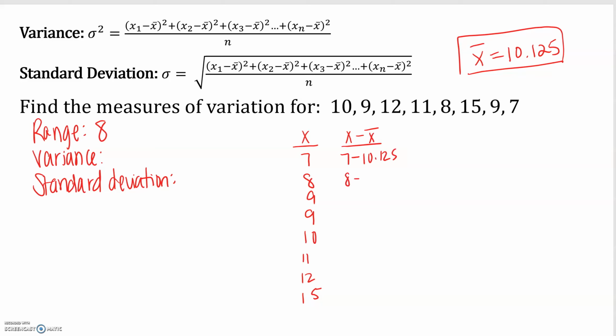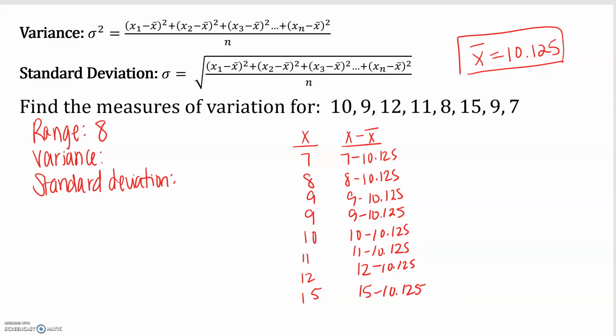Then we're going to do it all the way down, 8 minus 10.125, 9 minus 10.125. And we're going to type each one of those into our calculator in order to figure out what that value is.